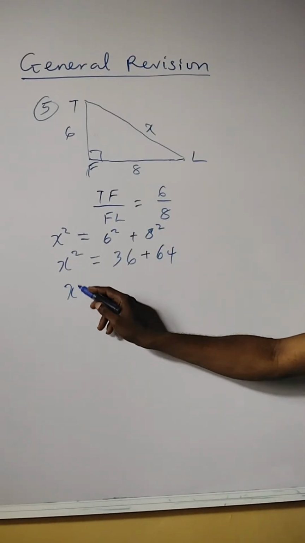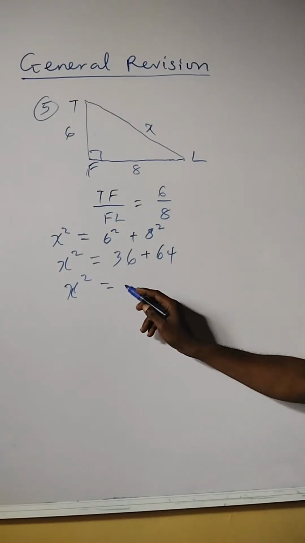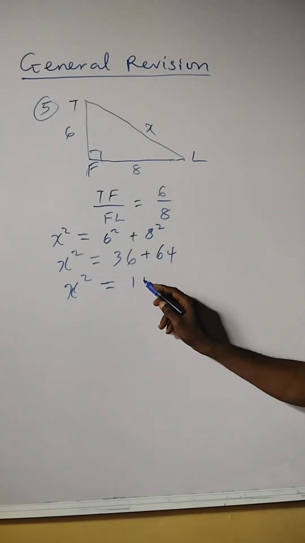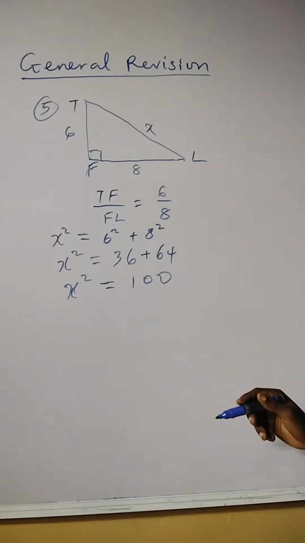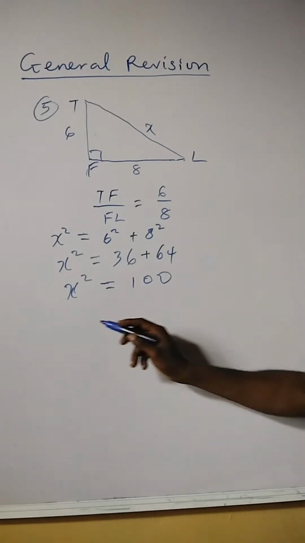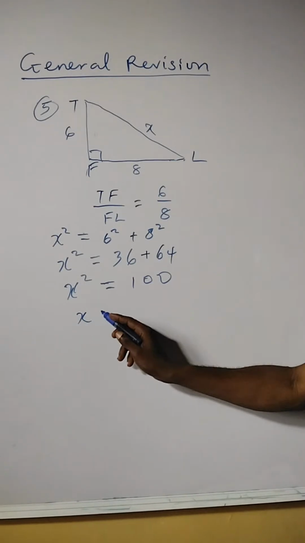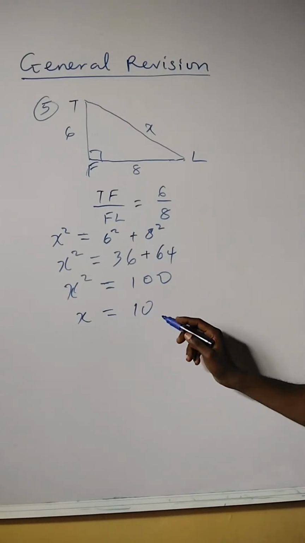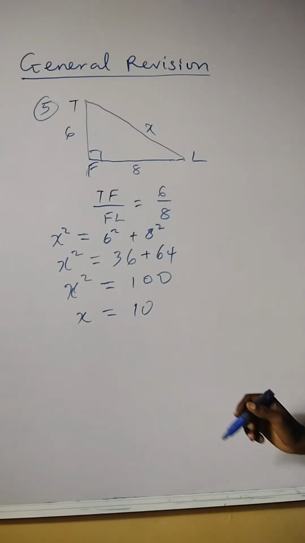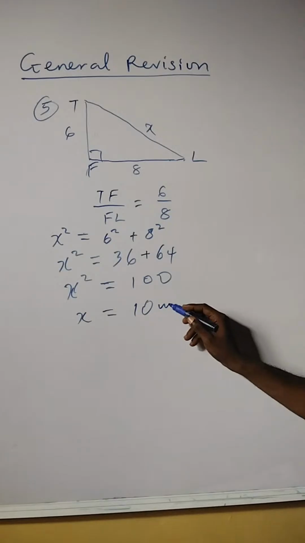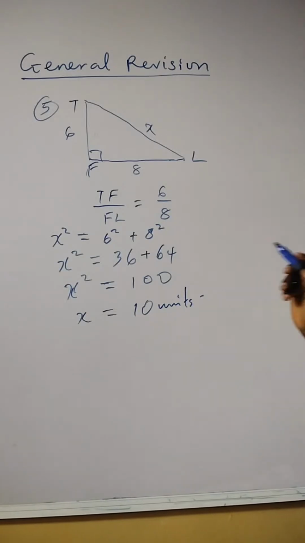Then we have x squared equals 36 plus 64. That gives us 100. And when we take the square root of both sides, x equals 10. So 10 units. So that's what we have. Okay. So that's for that.